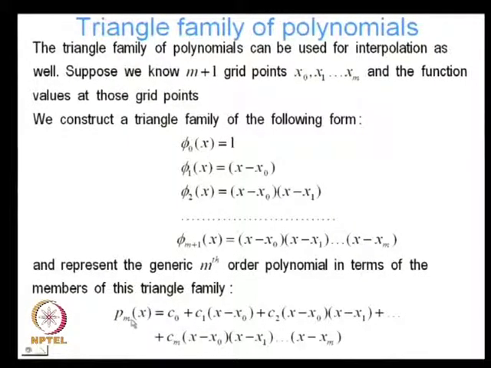So P_m(x), any polynomial of mth order, is equal to c0 plus c1 (x minus x0) plus c2 (x minus x0)(x minus x1) and so on, plus cm (x minus x0) up to (x minus x_{m-1}), right.